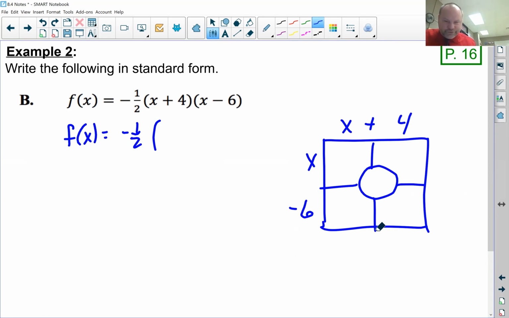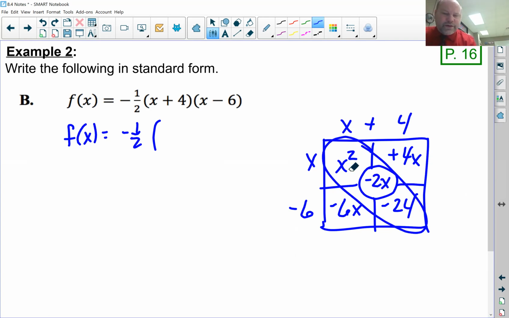I just chose to do it this way. We're going to fill in this box. X times x is x squared. X times 4 is a positive 4x. Negative 6 times x is a minus 6x. Negative 6 times positive 4 is minus 24. Combine our like terms. Negative 6x plus 4x is negative 2x. And this will go into my parentheses.